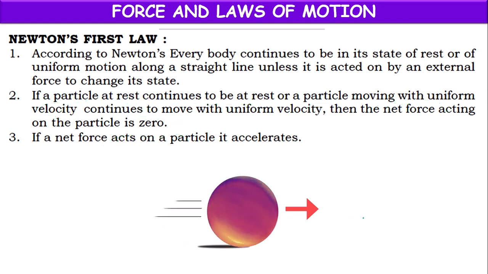So when the body is at rest or in uniform motion, we have to say no net force is acting on the body, or the net force acting on the body is 0.